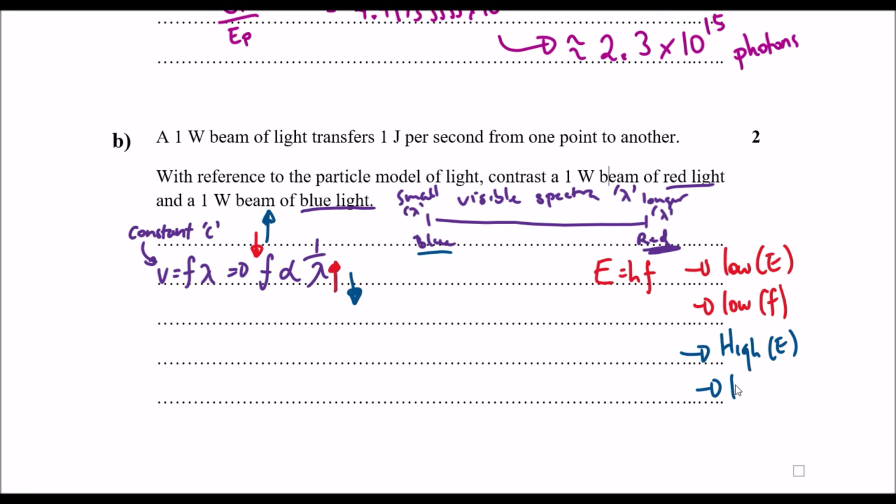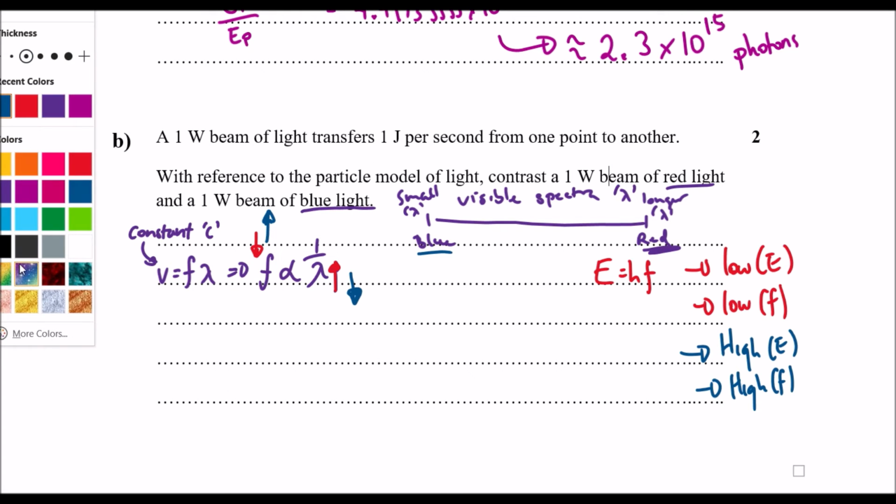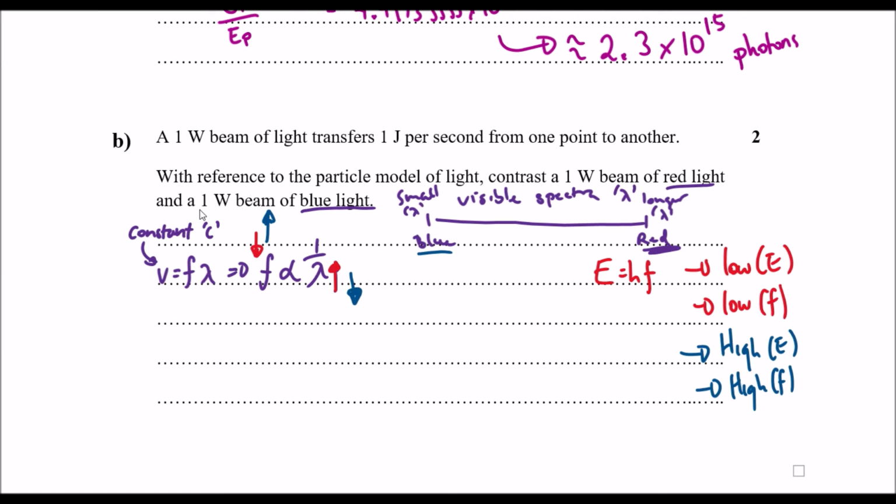What does that actually mean in the context of what we're talking about here? It effectively means that in order to generate the same amount of energy in the beam, I need a much higher quantity of red light photons than I do with the blue light photons. Because blue light carries more energy individually, the quantity required is a lot less in comparison to red light.